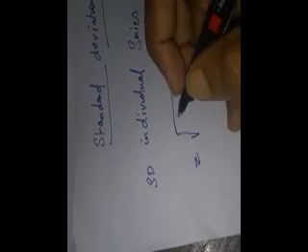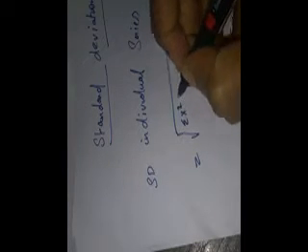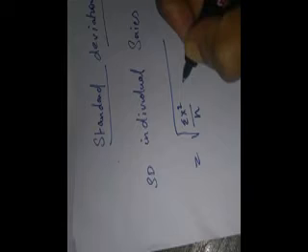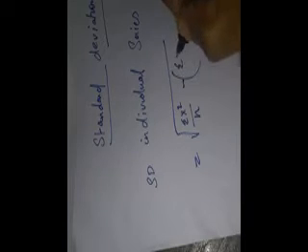Okay, so standard deviation in an individual series is equal to root of sigma x square divided by n minus sigma x by n whole square, where n is the number of items.